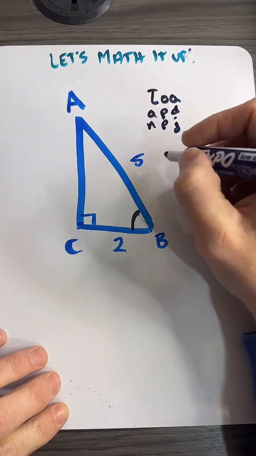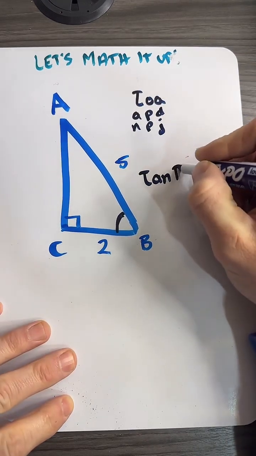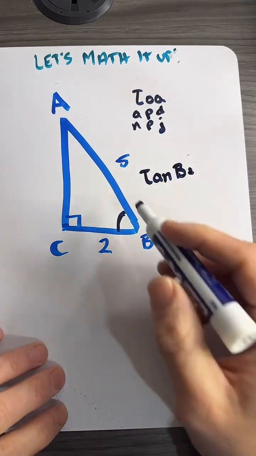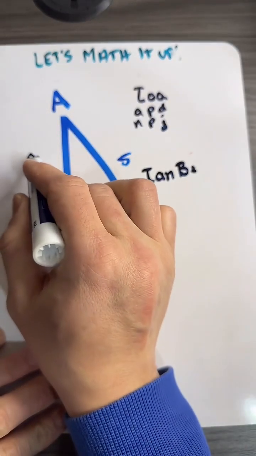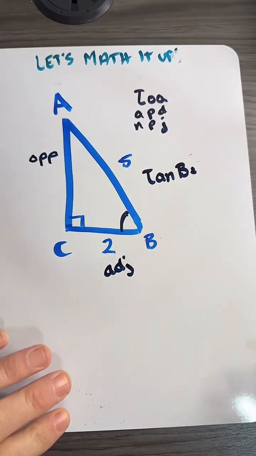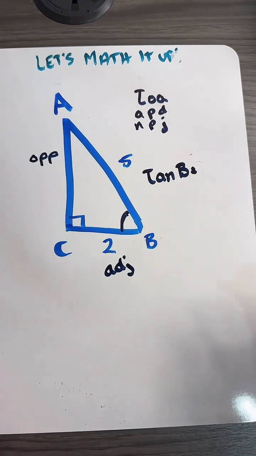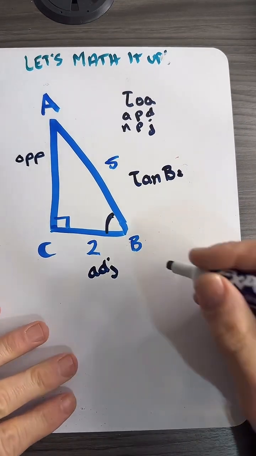I've got the tangent of B equal to, all right, now I need the opposite. So this would be my opposite side, and this is my adjacent side. That means we have to figure out what our opposite side is using good old Pythagorean theorem.